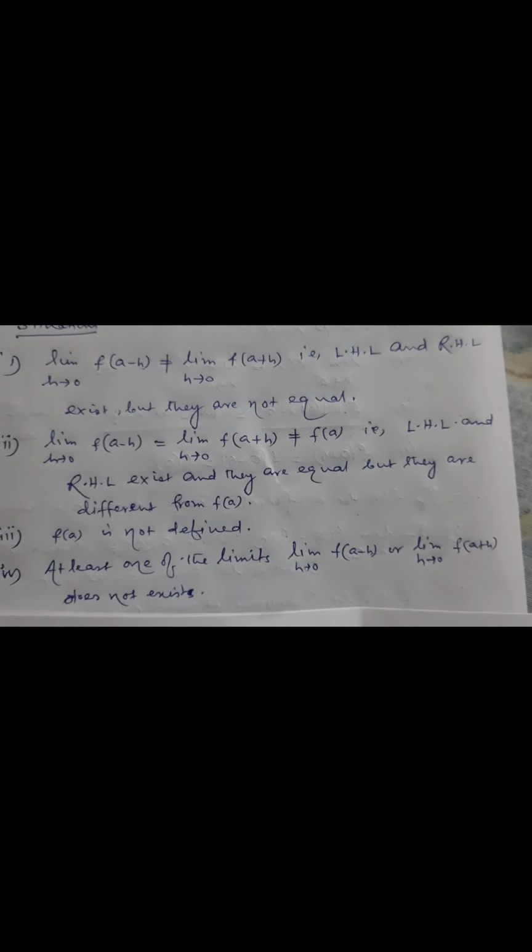Third case: f of a is not defined. If the value of the function is not defined, then the function is discontinuous. Case 4: at least one of the limits, limit h tends to 0 of f of a minus h or limit h tends to 0 of f of a plus h, does not exist. If one of the limits does not exist, then the function is discontinuous.